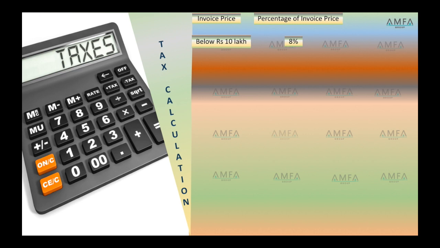If it is a sub 10 lakh vehicle, 8% will be the road tax. This is for 15 years. Again, for a range between 10 lakhs and 20 lakhs, it is 10%. Above 20 lakhs, it is going to cost you 12%.